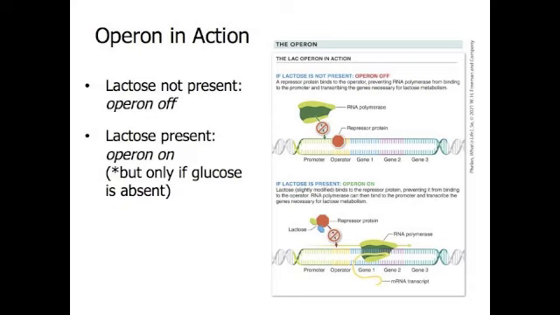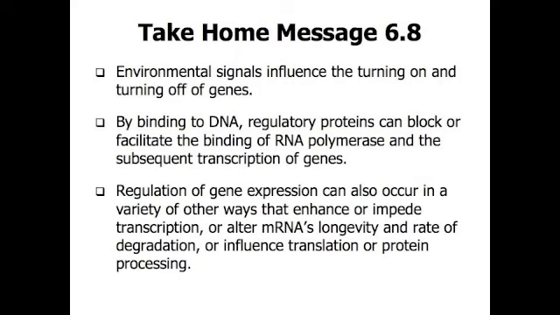In this case, the silencing of this stress response gene is associated with a greater incidence of behavioral problems among affected children and adolescents. And that brings us to the take-home message for section 6.8.